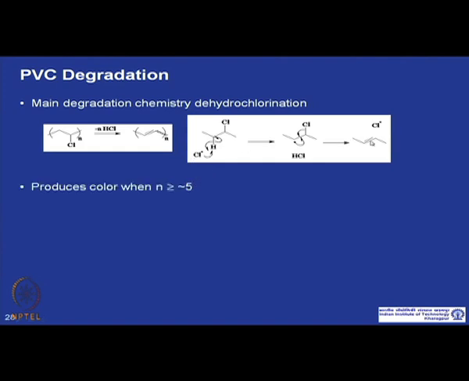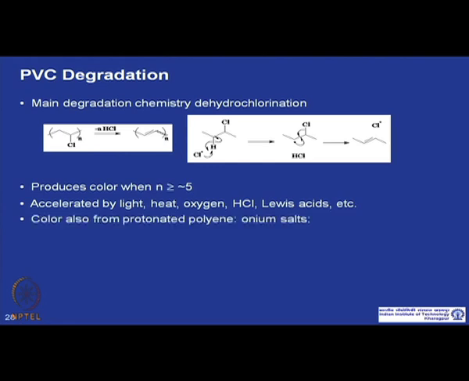And if you have this conjugation over 5 double bonds, then it will produce color, and this degradation is accelerated in presence of light, heat, oxygen and acids, and color may also form from the protonated polyenes as shown in this figure.